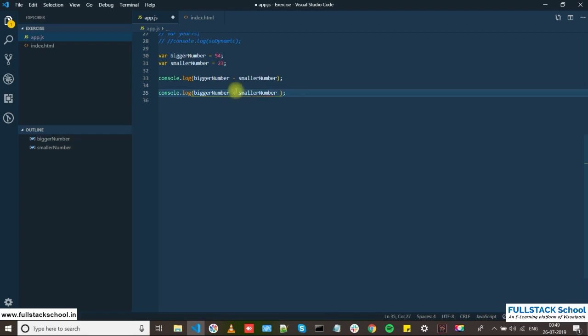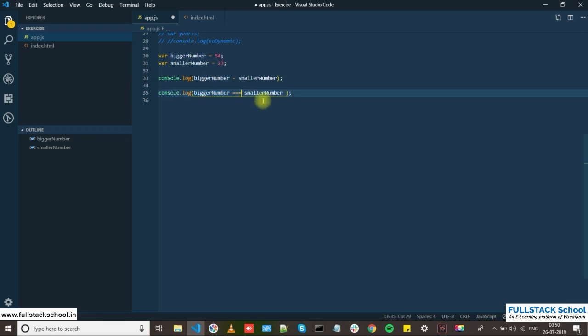Again, we have greater than, less than, greater than or equal to, and less than or equal to. You would have seen that I put 3 equals instead of 2. If I use one equals, it assigns the smaller number's value to the bigger number, but if I use 2 or 3 equals, it is going to compare.